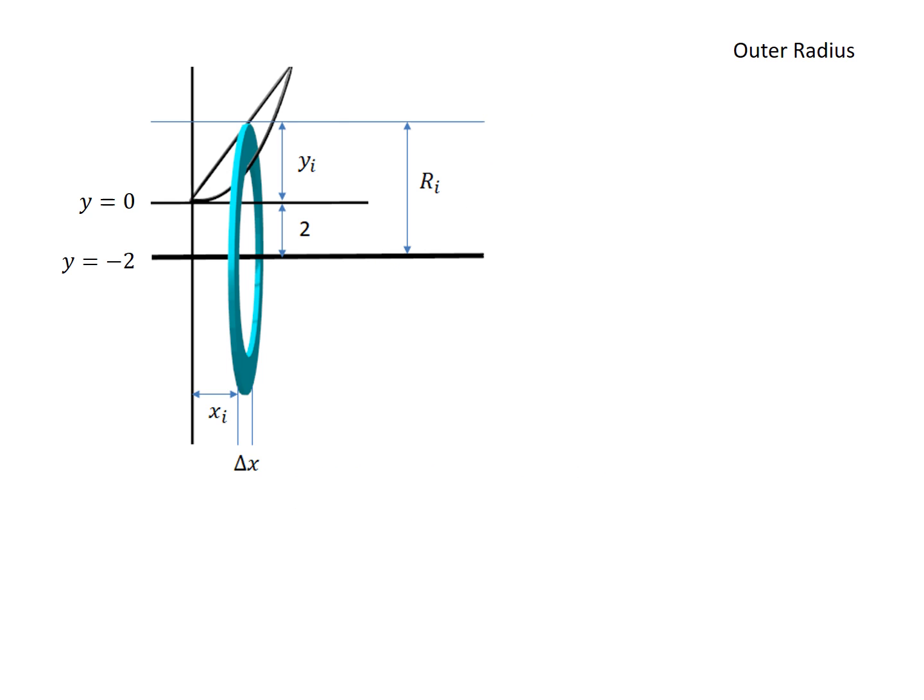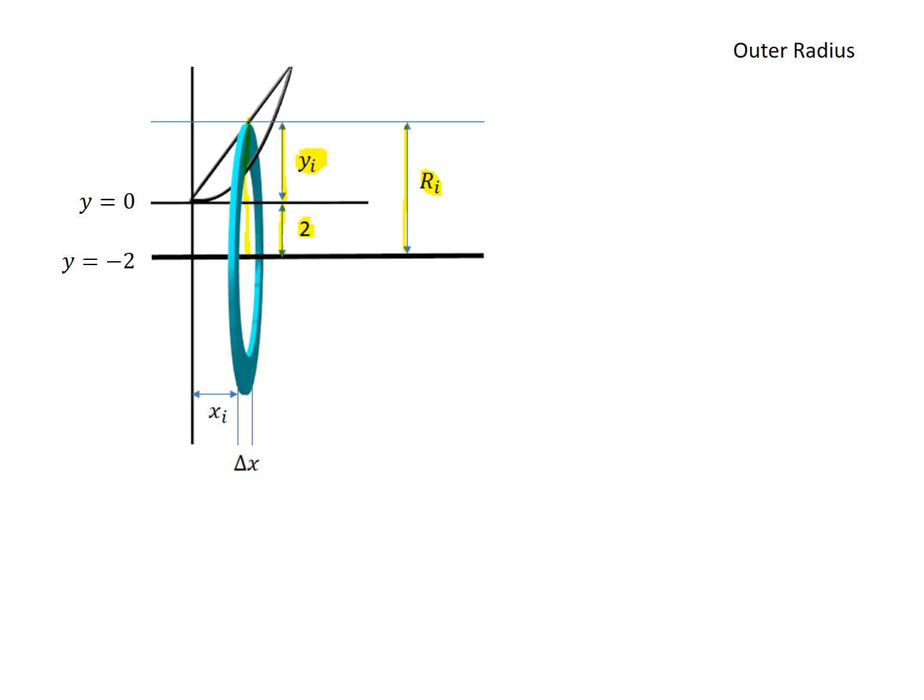First we consider the outer radius. It starts on the line segment, where the washer touches it, and goes down to the line y equals -2. The point on this line segment is (x sub i, y sub i). You can see y sub i goes from the line segment to the x-axis, but then we have to go 2 more down to hit the line y equals -2.